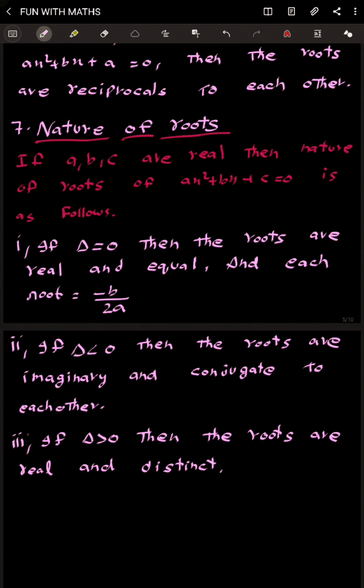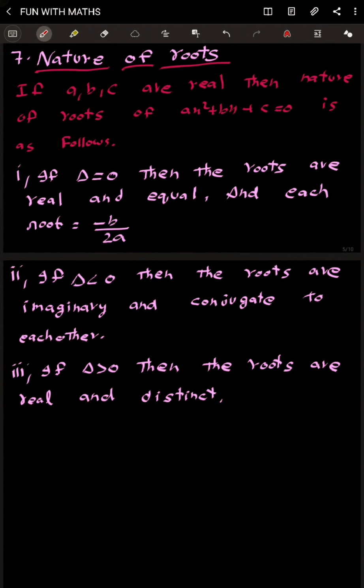So if delta is greater than 0, then the roots are real and distinct. So we have three cases. What are those? One is delta is equal to 0, delta greater than 0, and delta less than 0.